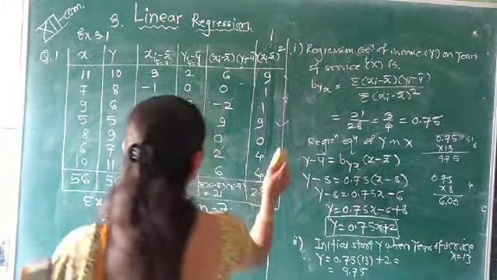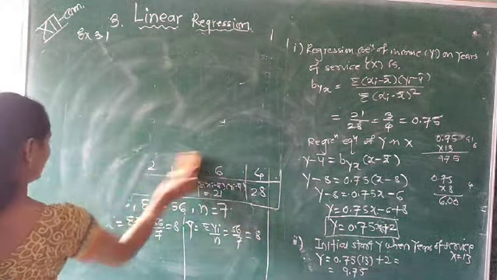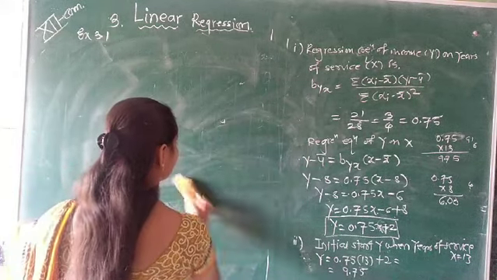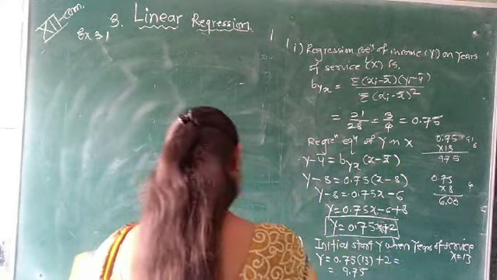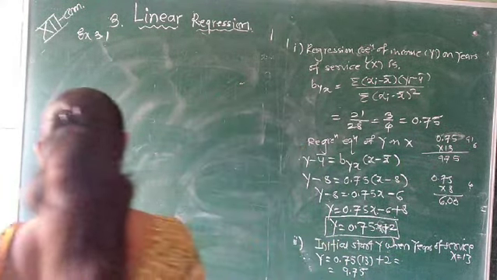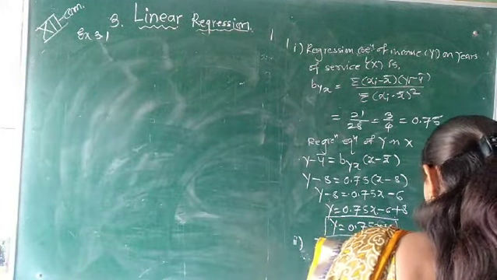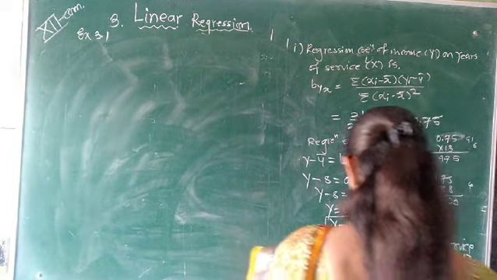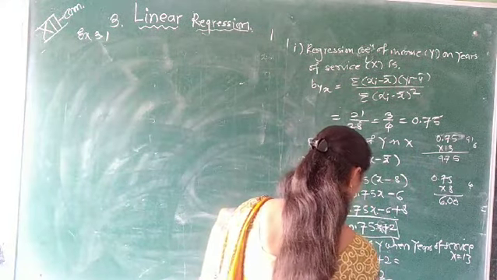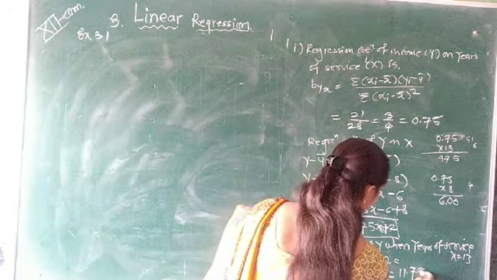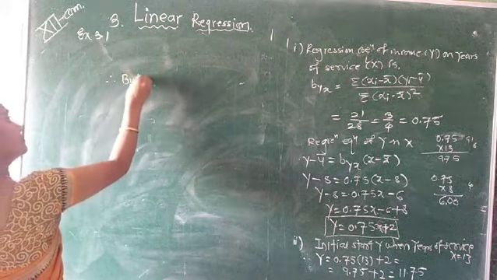But the income is given in 1000. Income is given in 1000. Therefore, the initial salary y when the years of service is 13: 9.75 and the plus 2 again as it is, which is equal to 11.75, but income is in 1000.